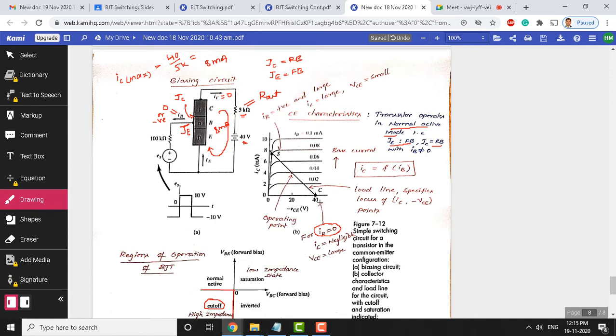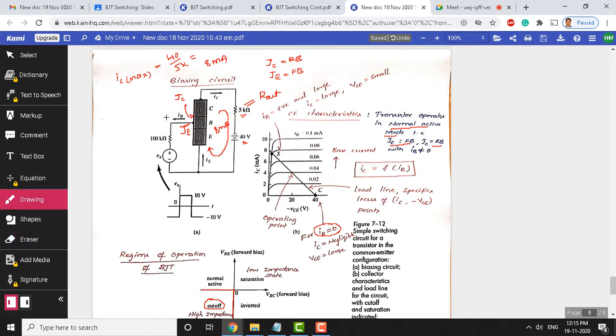Now let us see what is going to happen as you increase the base current. Instead of making the base current 0, let us apply some base current here. Now you will get sufficient collector current in this mode.